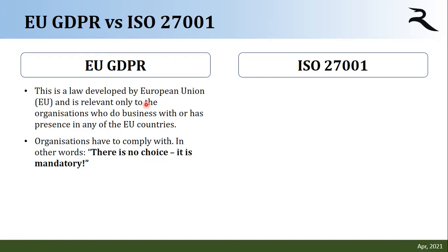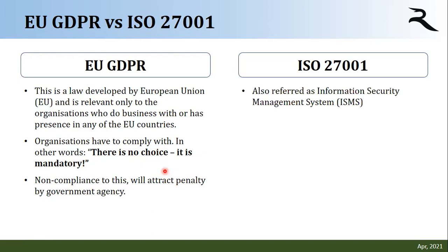So as long as there is no data breach, life goes fine, everything is nice and good. And if there's non-compliance, yes, it will attract financial penalty and other reputational damage, etc. When it comes to ISO 27001, for that matter any ISO standard, it is a standard. And this 27001 is referred to as Information Security Management System, in short, ISMS.